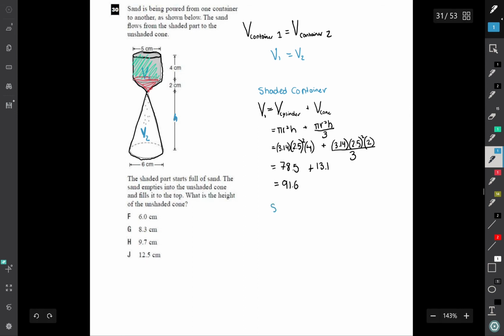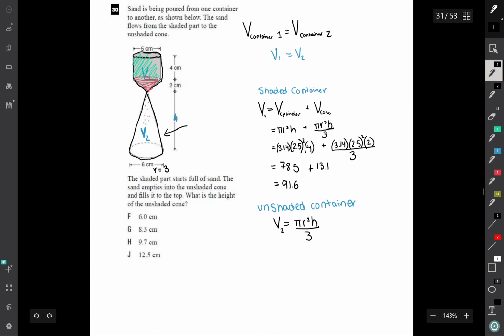So now let's move on to the unshaded part. Again, we know that the volumes are equal. So volume 2 is equal to pi r squared h all divided by 3, because that's a cone, but the radius here is 3, not 2.5.